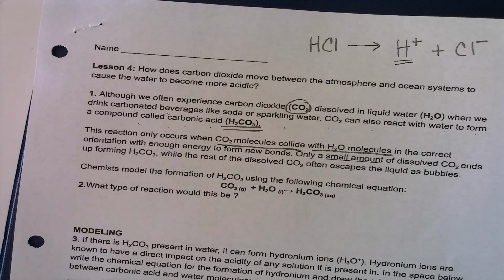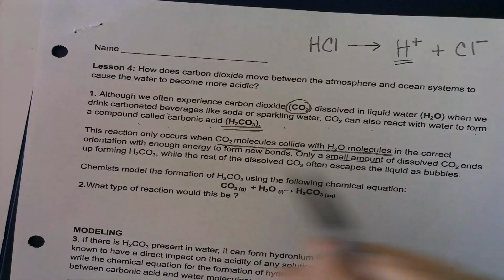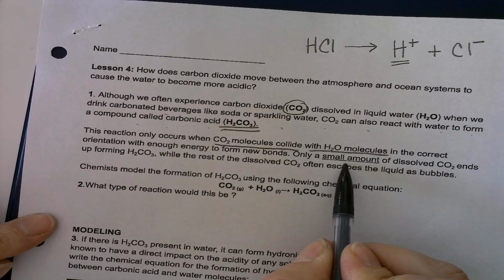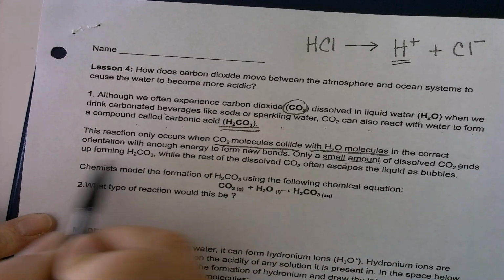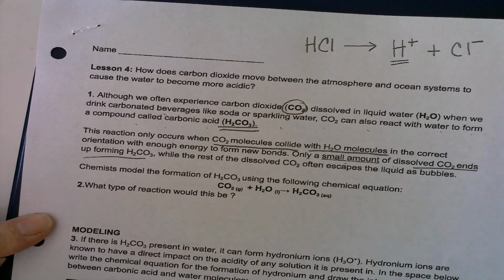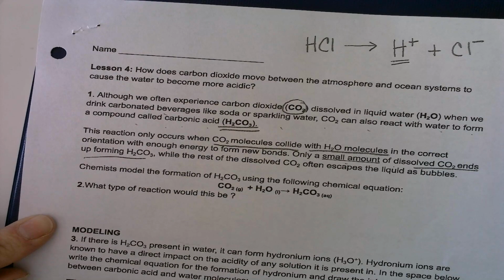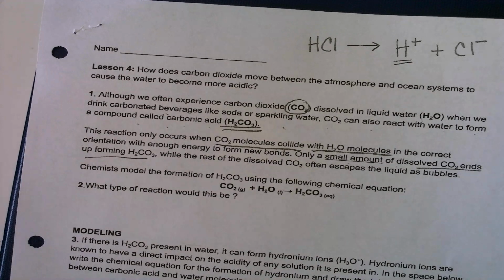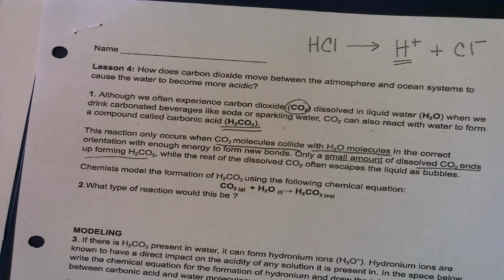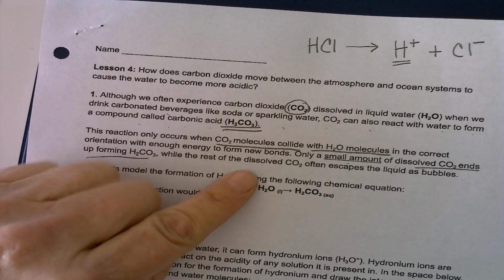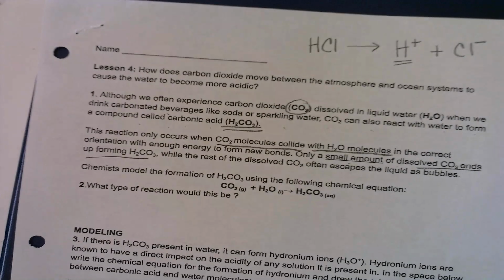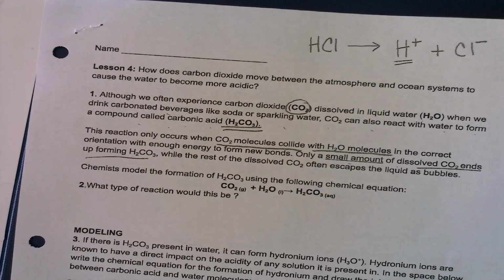Lots and lots of molecules of carbon dioxide come into water, but only a small amount of the carbon dioxide ends up forming the carbonic acid. So you're bubbling carbon dioxide into the water and only a few molecules are turning into this acid, okay? The majority of it just bubbles out, but only a little bit of it turns into the acid.